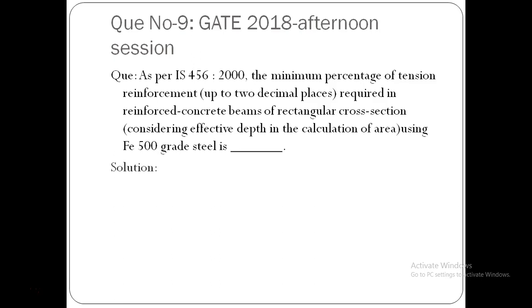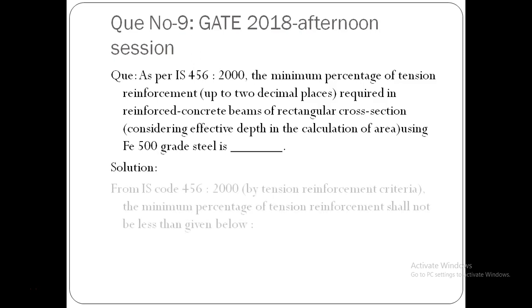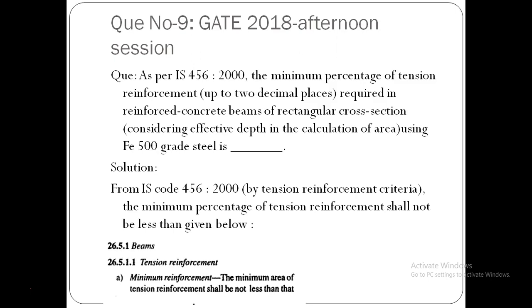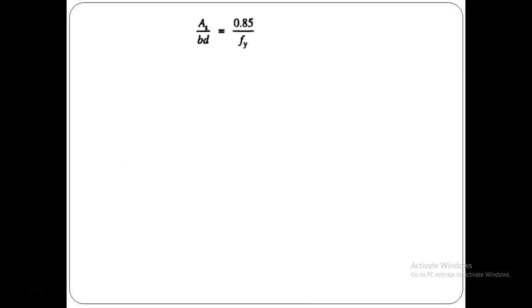So if we wish to solve this particular question, from IS 456-2000, there is a clause 26.5.1 related to tension reinforcement and minimum reinforcement. It says that the minimum area of tension reinforcement shall be not less than that As divided by bd equals 0.85 divided by fy.